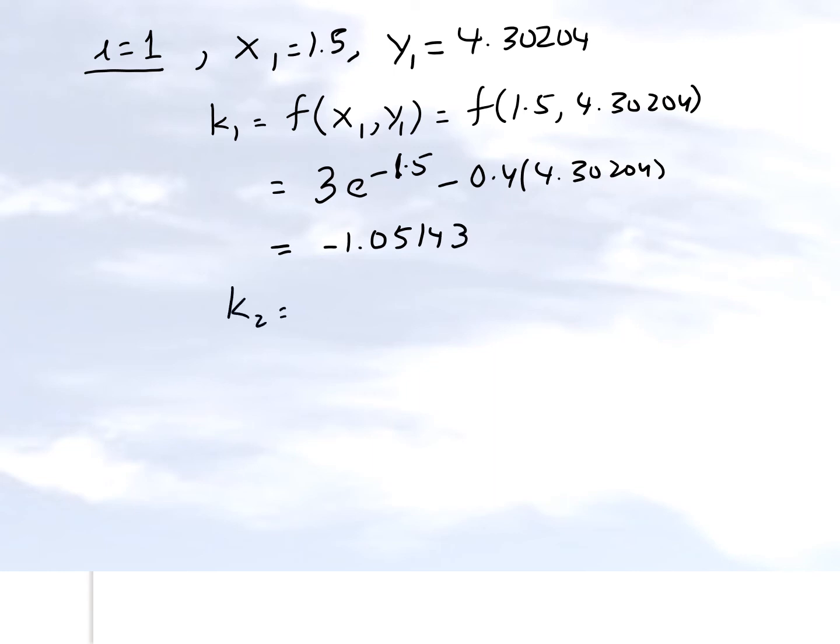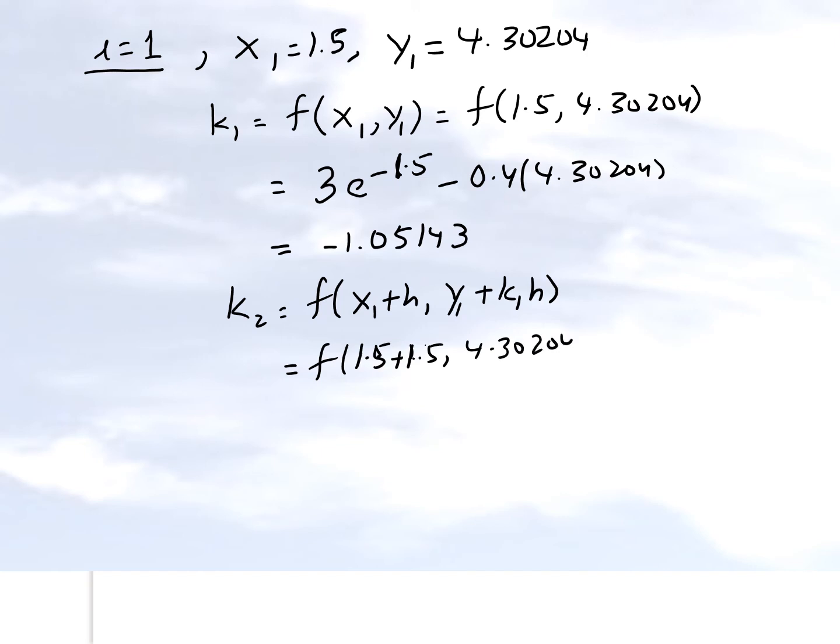Now we're to find k2. So k2 will be the value of the function at x1 plus h and y1 plus k1h. We already have these available to us. x1 is 1.5, h is 1.5. y1 we have found out from the previous step. k1 we just found out.